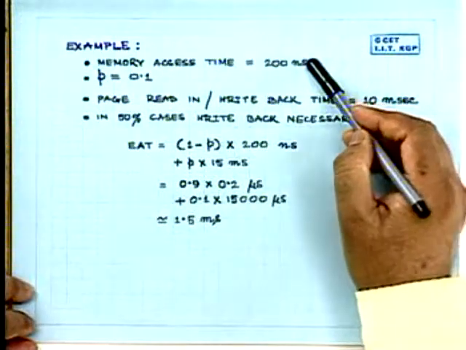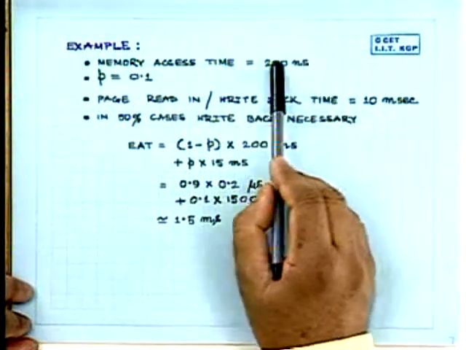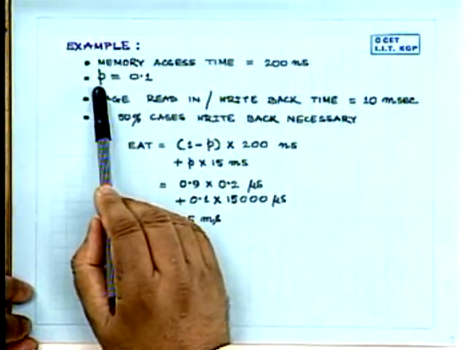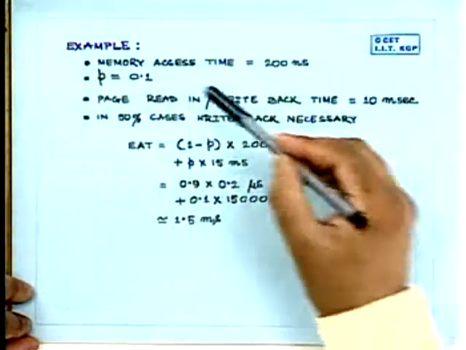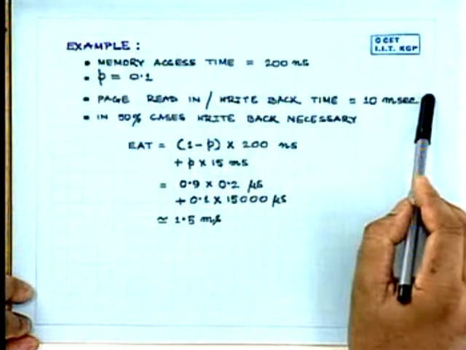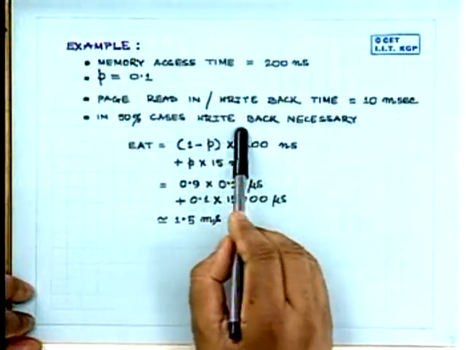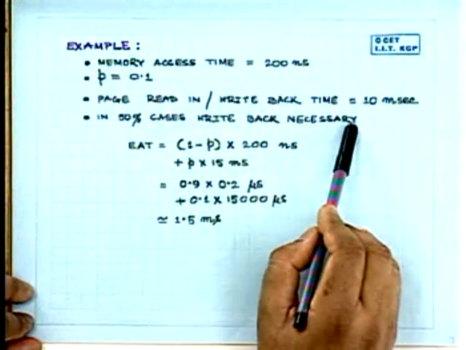Let us try to compute it for some data. Let me assume that memory access time is 200 nanoseconds, possibly a bit higher. Page fault rate is 0.1. Page write back time is around 10 milliseconds, and in 50% of the cases, write back is necessary.